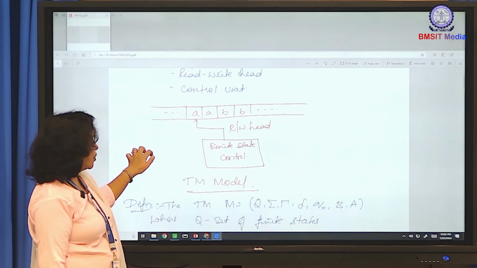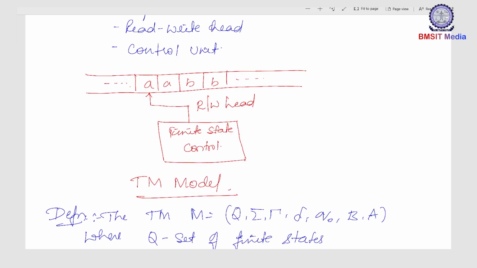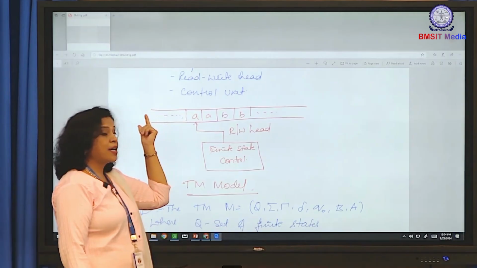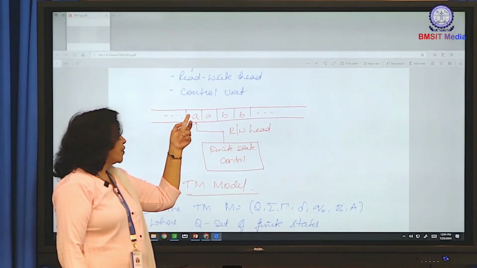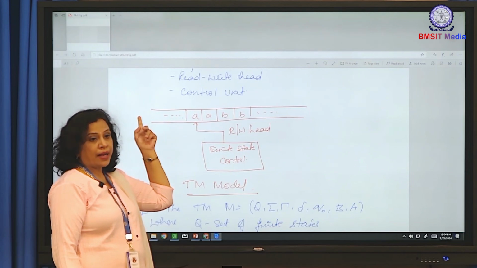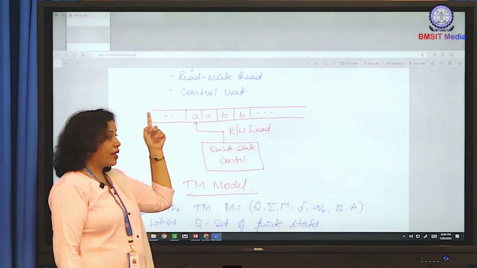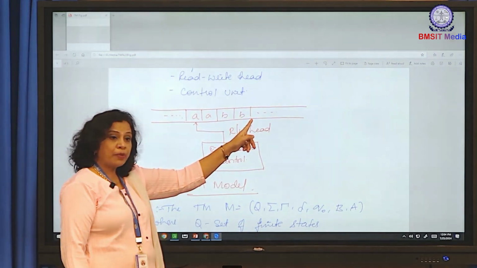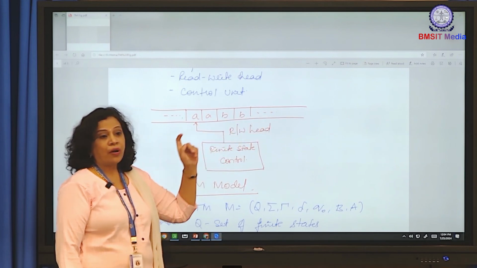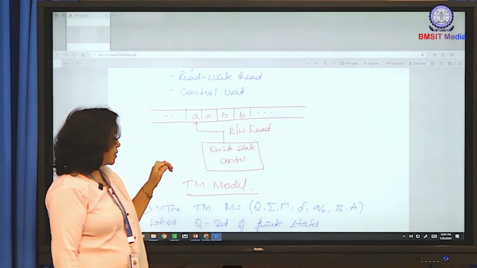This is the Turing machine model. As and when we read an input, we replace it by some other character just to note that that input is read. Before the start of the input, we will have an infinite number of blank characters. After the input also, we will have all blank characters.